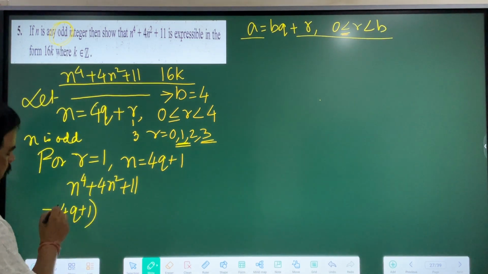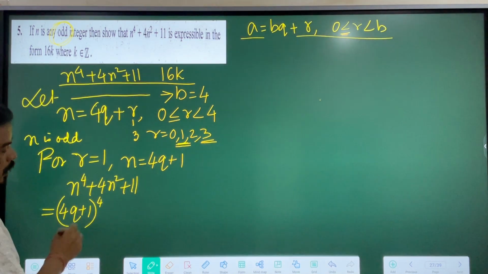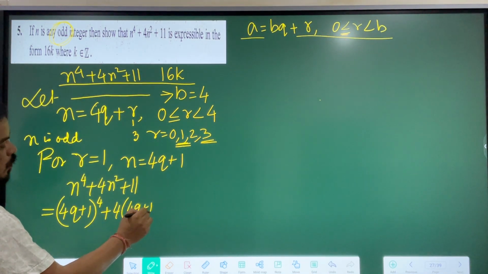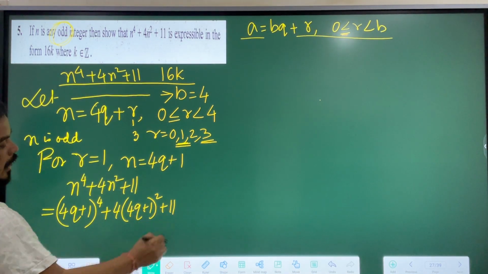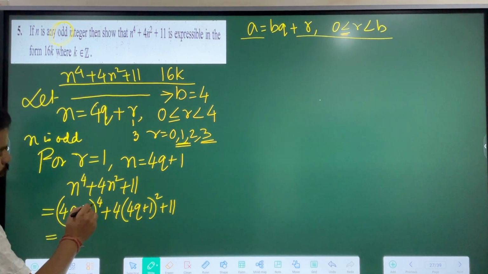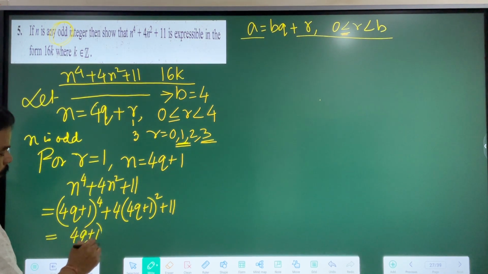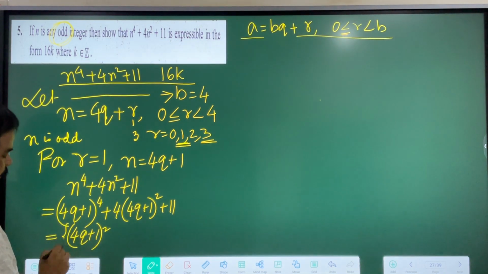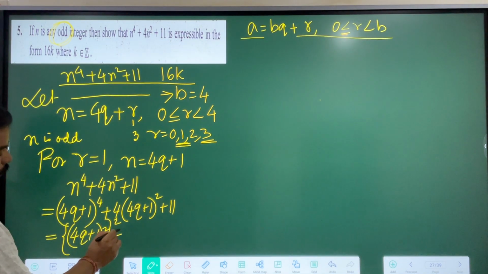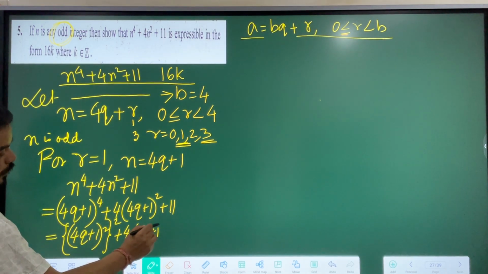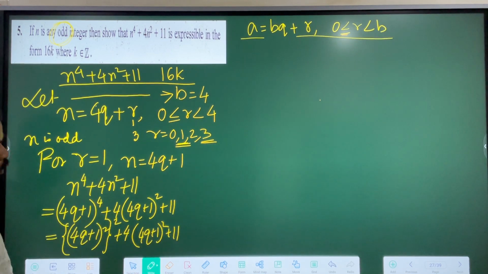So (4q plus 1) to the power 4 plus 4 times (4q plus 1) square plus 11. Now for power 4, there is no formula, so we have to make it square. Hope you understand.